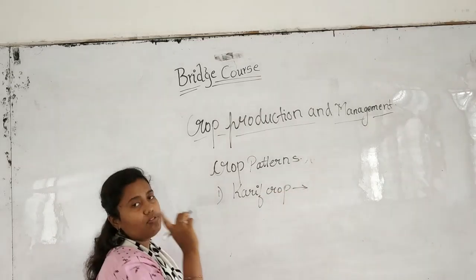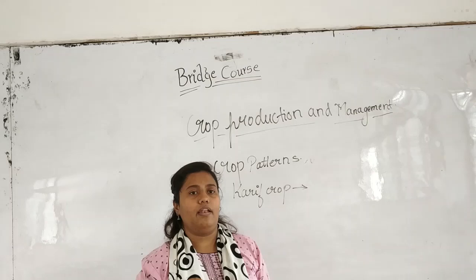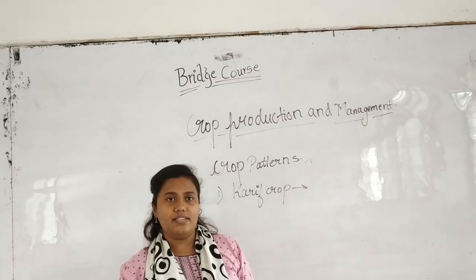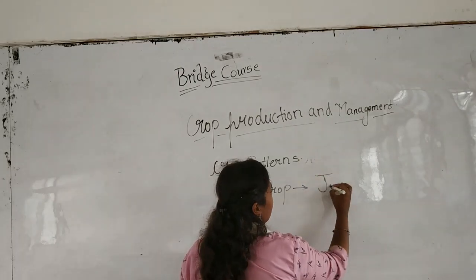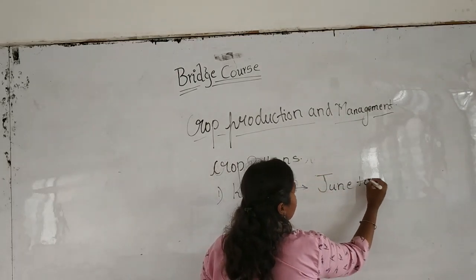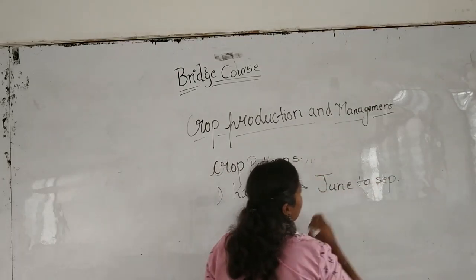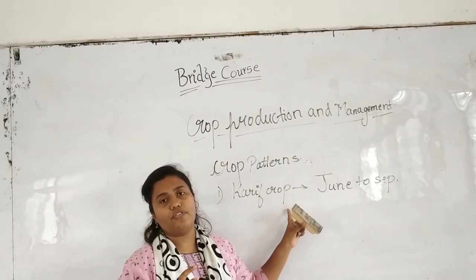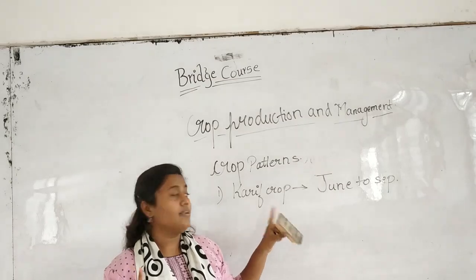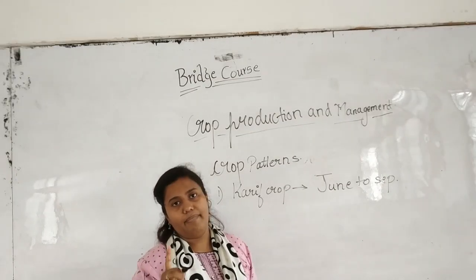Kharif crops are those crops which are grown in rainy season. In India, when do you witness the rainy season? It is from June to September. Correct? That time the kharif crops are grown. For example, kharif crops are paddy and maize.